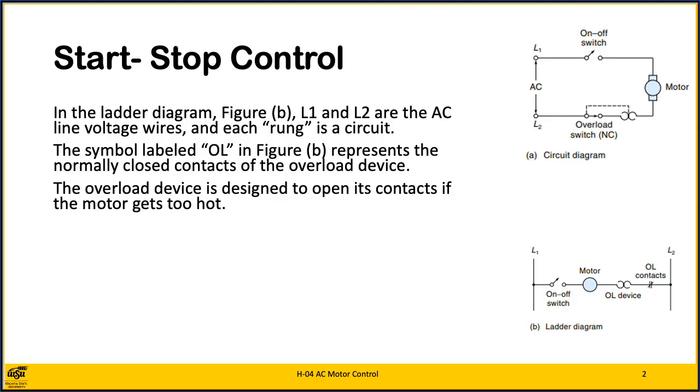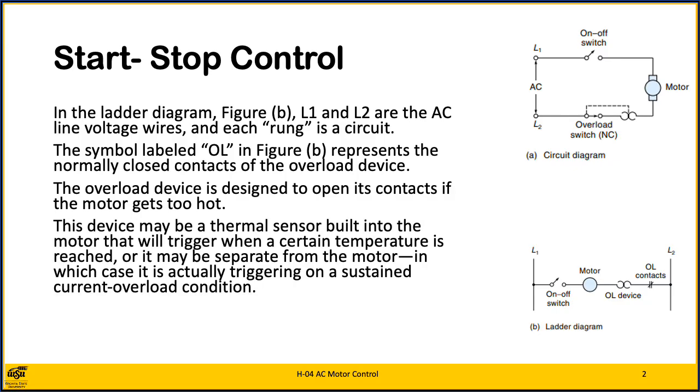The overload device is designed to open its contacts if the motor gets too hot. This device may be a thermal sensor built into the motor that will trigger when a certain temperature is reached, or it may be separate from the motor, in which case it's actually triggered by a sustained current overload condition.